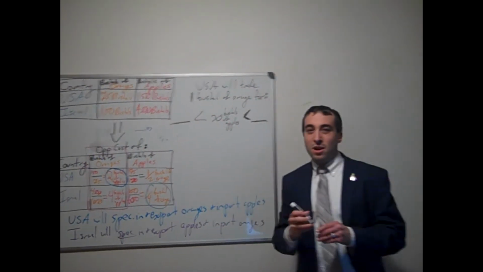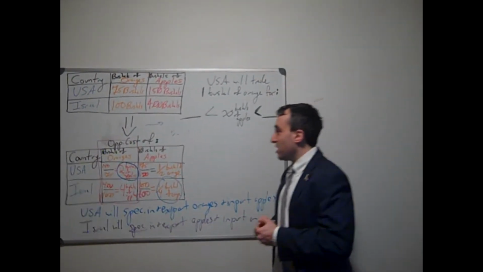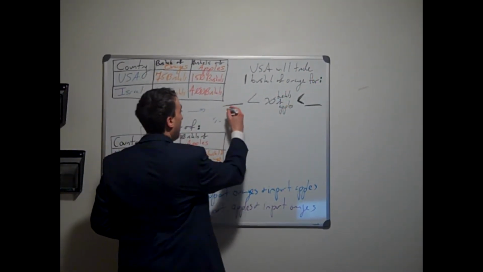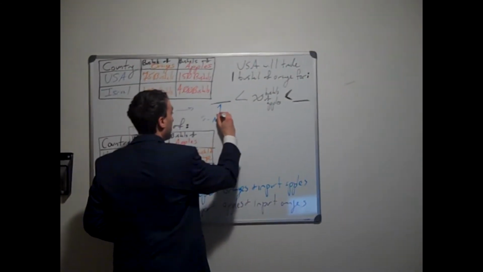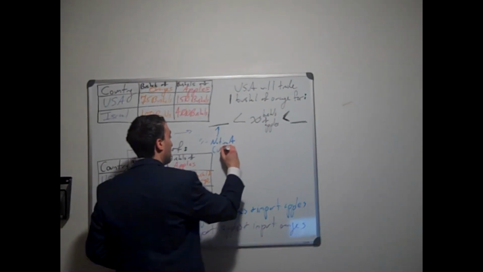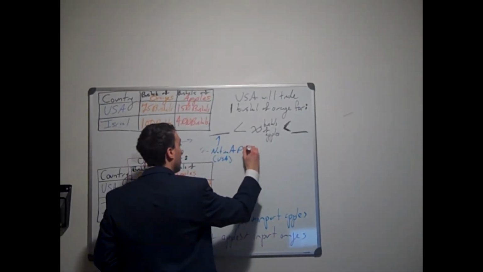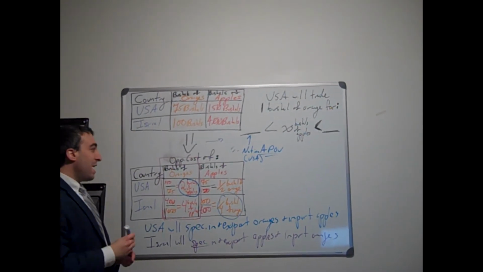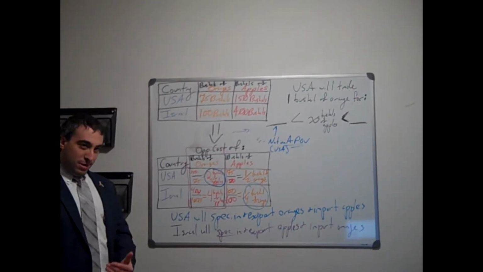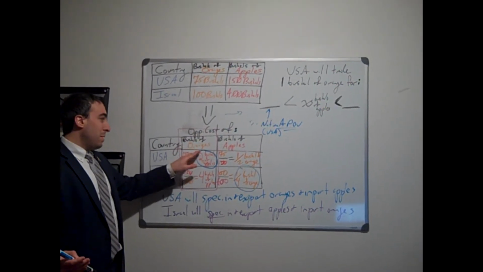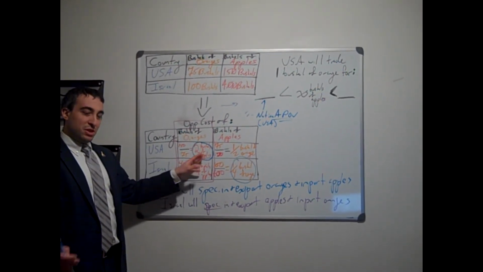First, let's start with the nation who's trading. So from America's perspective, so this is nation A's perspective. In this case, it's the USA. America, when it makes oranges, already gives up making 2 apples.